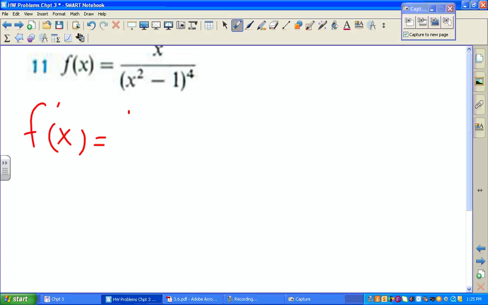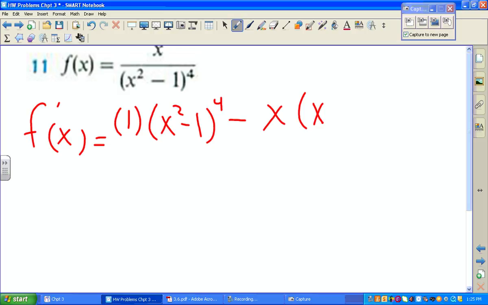The derivative of the numerator is 1. Then you have x squared minus 1 to the 4th. Minus x times the derivative of x squared minus 1 to the 4th. I think I'll put that in a bracket, just to show you what the derivative of that expression is.